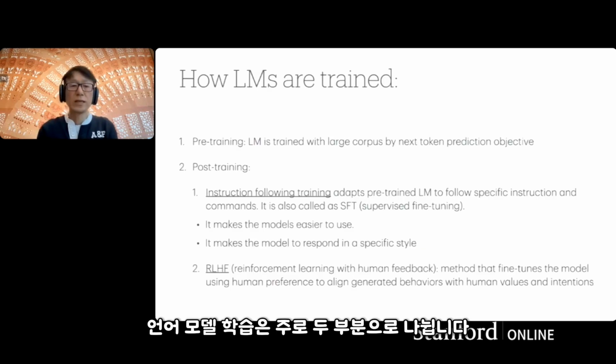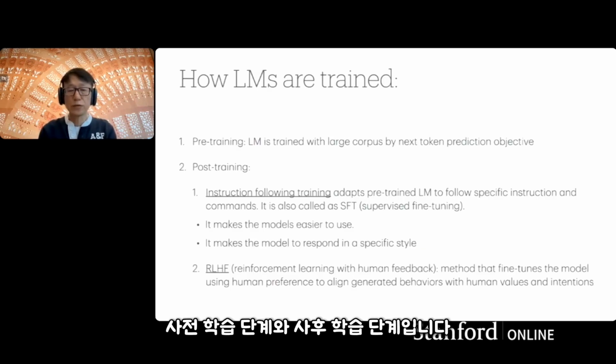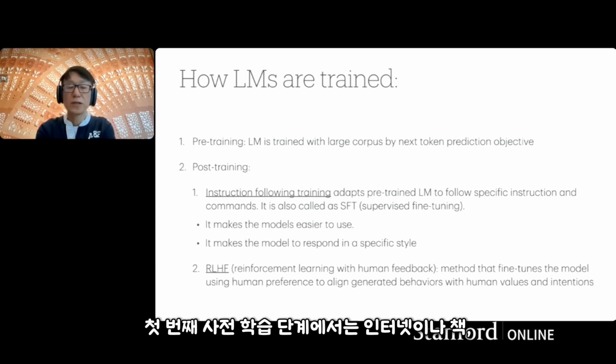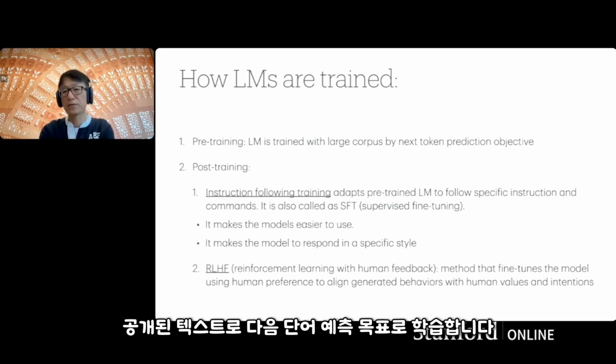Then how are these language models trained? Largely two parts: a pre-training part and a post-training part. First, the pre-training portion is where language models are trained with a large corpus, text collected from the internet or books or different types of publicly available text, and trained with the next token or next word prediction objective.